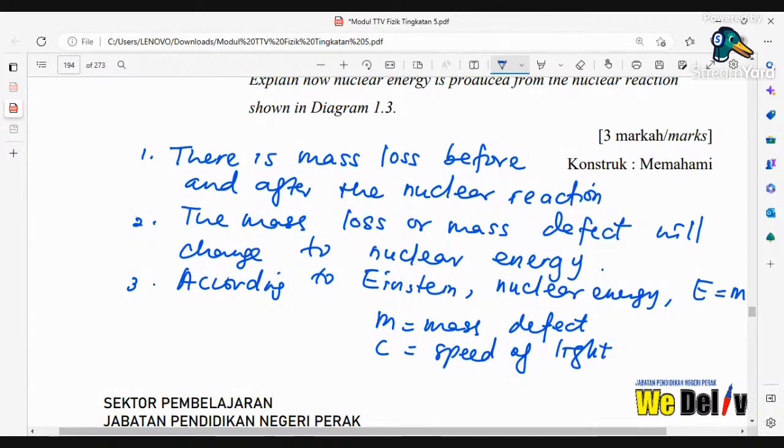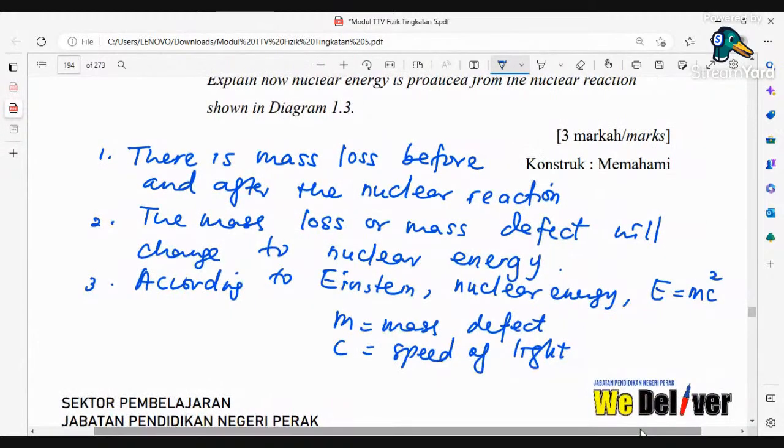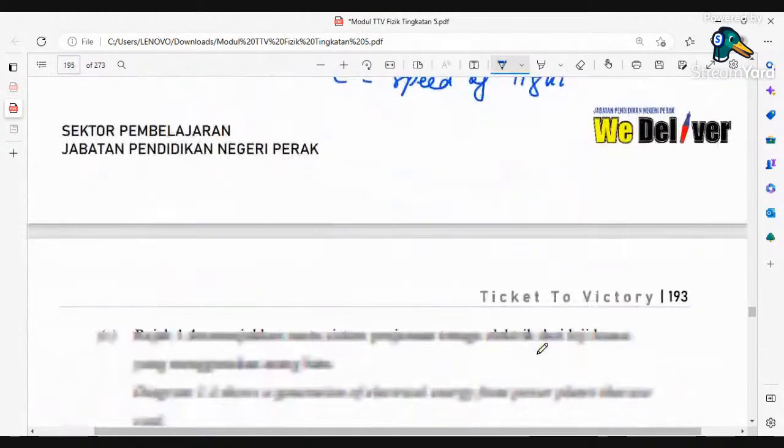Okay, complete. Okay, you compare before and after. There is mass loss. Mass loss also known as mass defect. According to Einstein, the mass defect will change to nuclear energy. So you can calculate the nuclear energy by using the formula E equals mc squared. M is mass defect, C is speed of light.